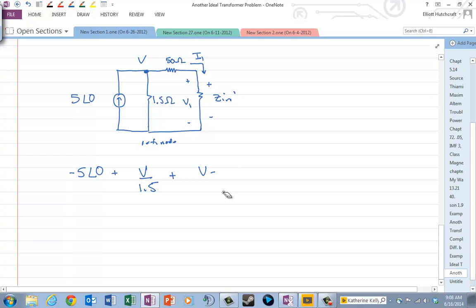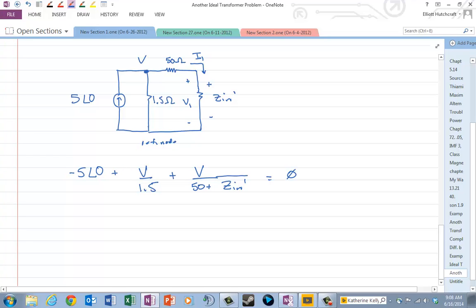Well, maybe I'll do it over the whole thing, not in terms of V1, but I'll say V over the sum of those two, so 50 plus Zn prime, and sum those currents up, and that's equal to 0.